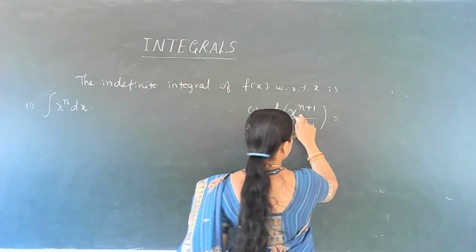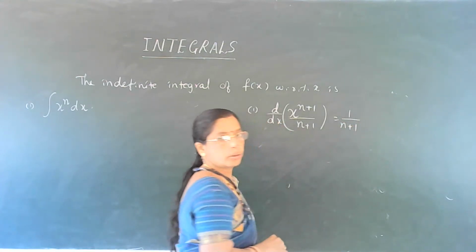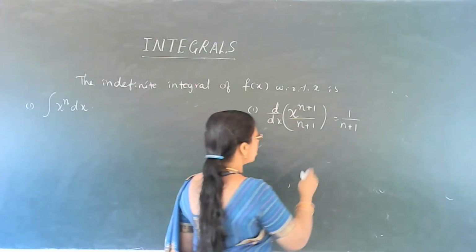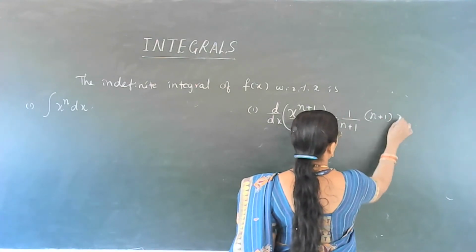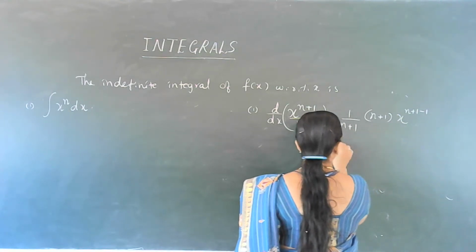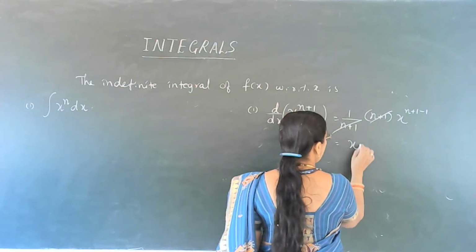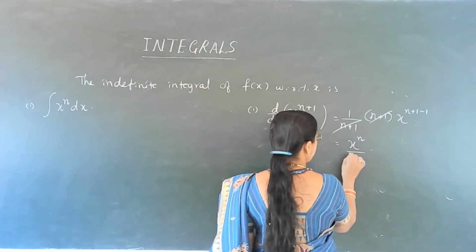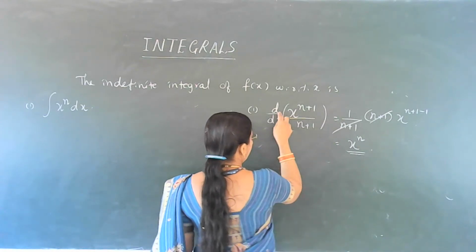Here, the derivative of the function: 1 by n plus 1 is constant. Then n plus 1 into x to the power n plus 1 minus 1, which is equal to n plus 1 gets cancelled. Therefore, x to the power n is the derivative of the function.